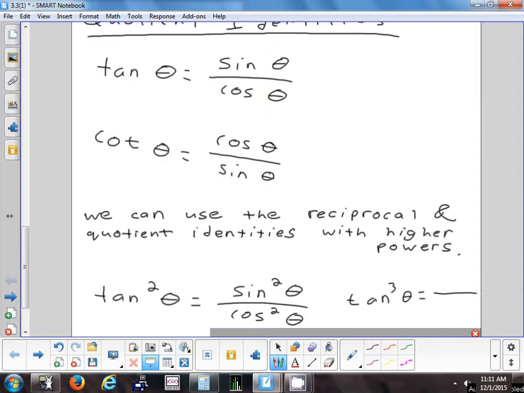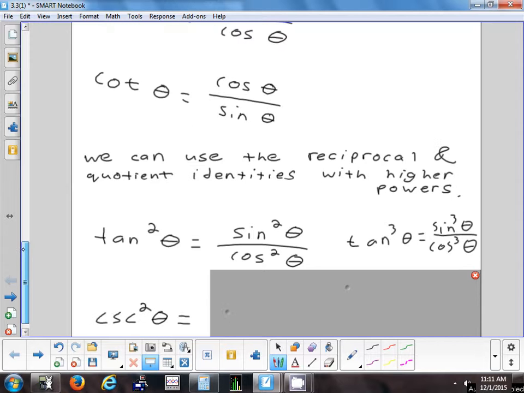What do you think tangent cubed would be? Sine cubed over cosine cubed. Generally, we're not going to do problems that have powers as high as 3. We'll do some with 2, but usually not 3. Okay, and you can do this with as high of a power as you want.